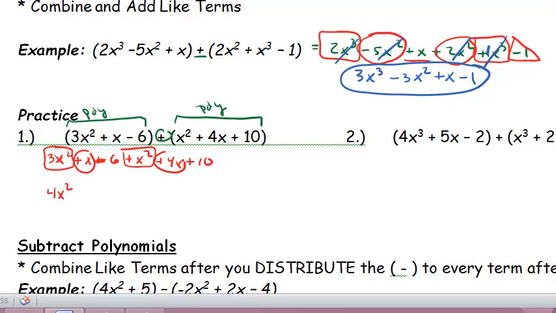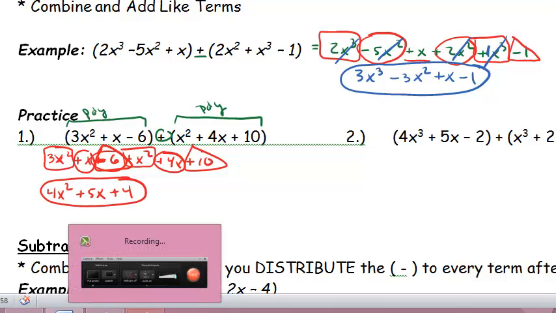X plus 4x is 5x. And negative 6, let's do a different shape around that. Negative 6 plus 10 is positive 4. And we have added these two polynomials.